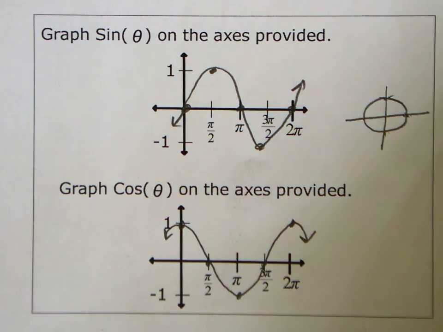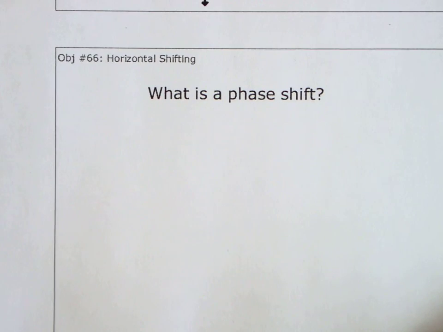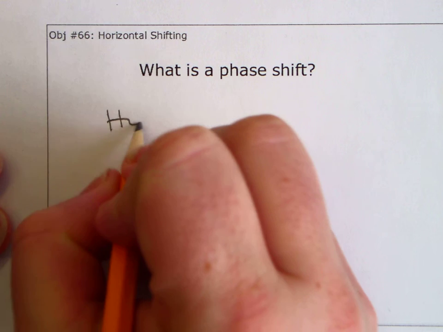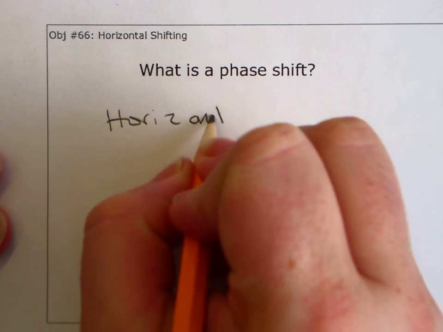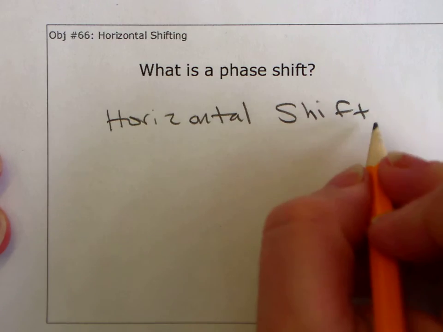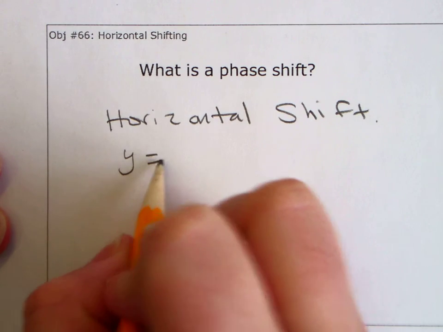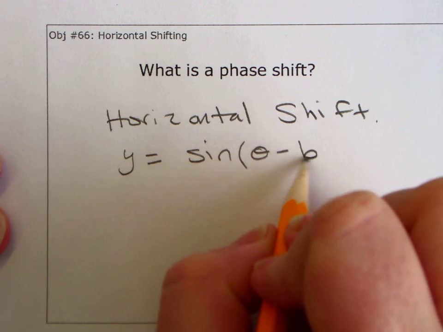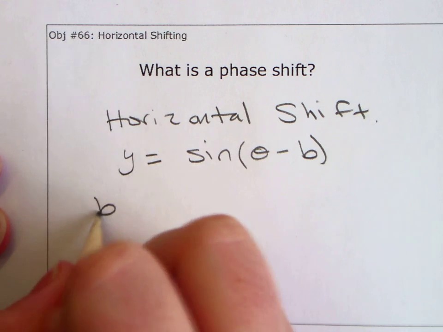Okay, so a phase shift. This is a fancy name for a horizontal shift. Okay, so if you have y equals sine of theta minus b, you're shifting b radians.